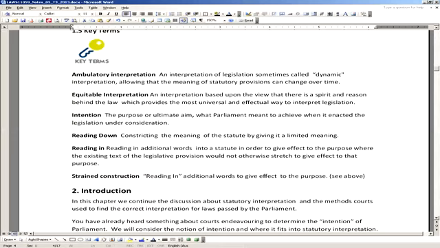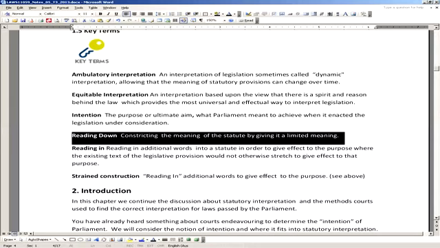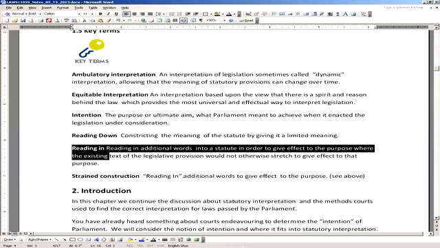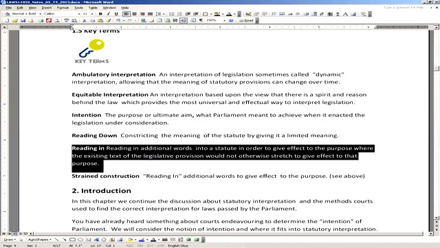To read down legislation is to read it narrowly, to limit its meaning, to look very much to the words and to focus on those words in a way that narrows the meaning. Whereas to read in is to find words or meaning that aren't actually included in the provision.